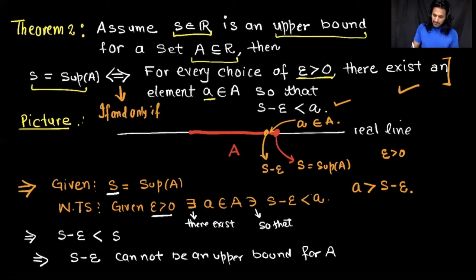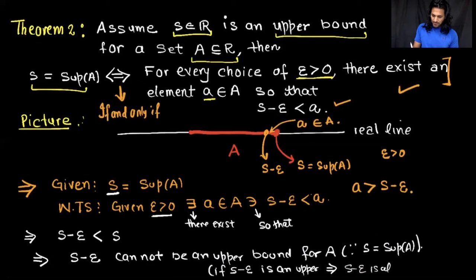The reason is because s is the sup. s is the least upper bound of the set. If s minus epsilon is an upper bound, then it will also become the least upper bound.